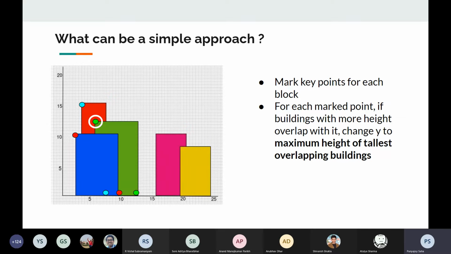Is it sufficient if we finish this procedure and just join all those points? Is that sufficient for the problem to be solved? Yeah, we will come to that, but let us first do this step. There is one more additional step that is required, but let us first do this step given here, and then we will move from there.